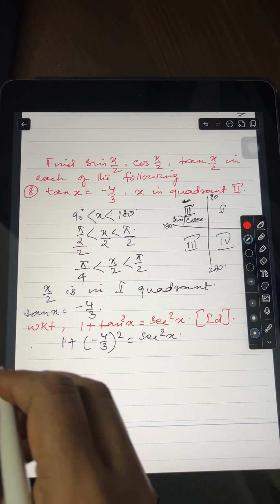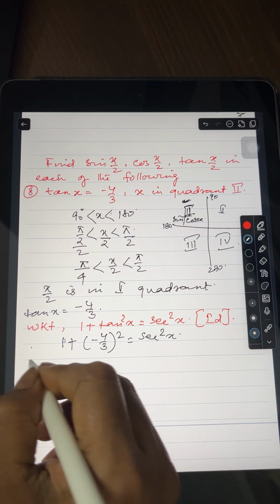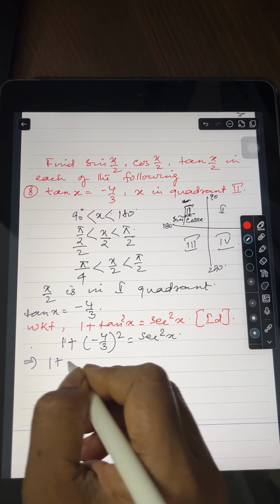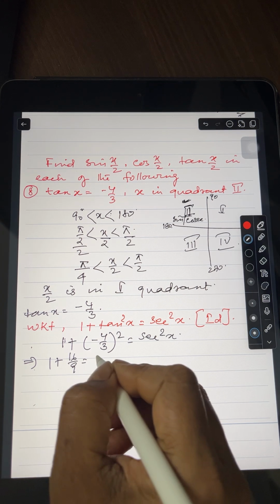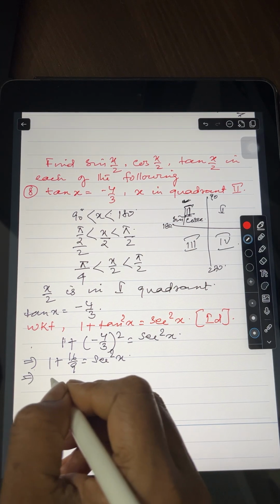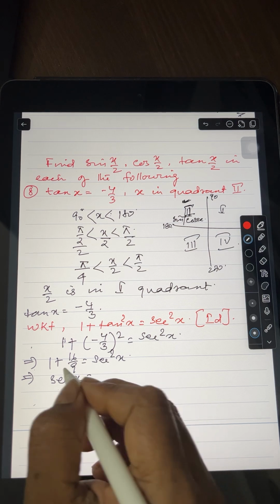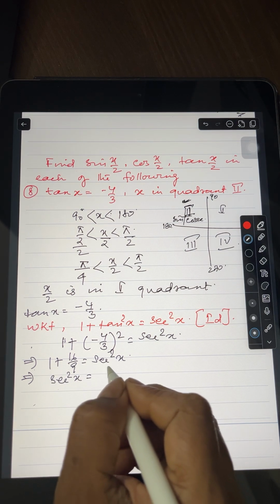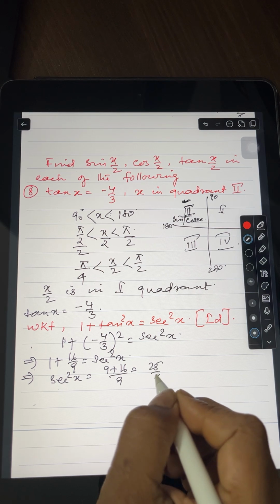Okay, secant square x. So you just have to simplify. 1 plus, this will become plus 16 by 9, is equal to secant square x. So secant square x will be, if you take LCM, 9 plus 16 by 9, which is 25 by 9.